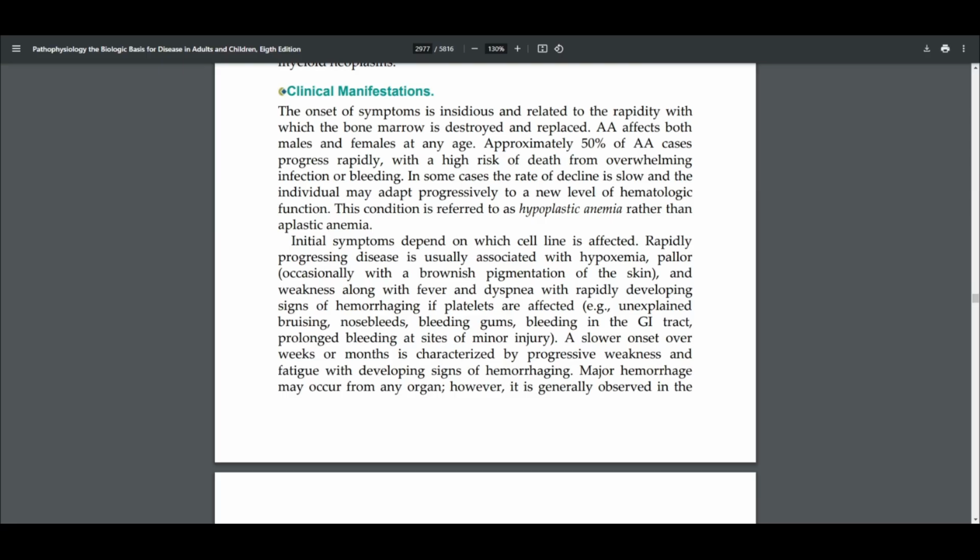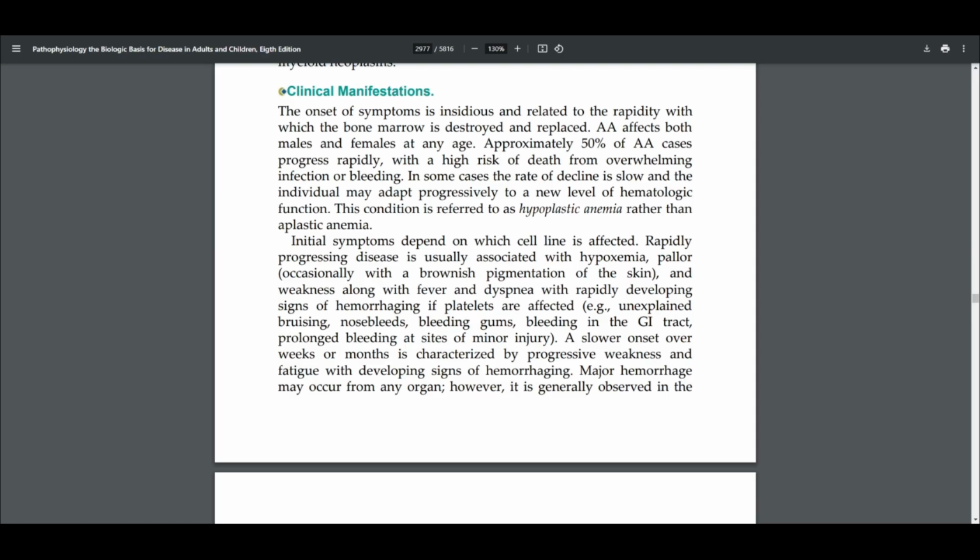In some cases, the rate of decline is slow, and the individual may adapt progressively to a new level of hematologic function. This condition is referred to as hypoplastic anemia rather than aplastic anemia.